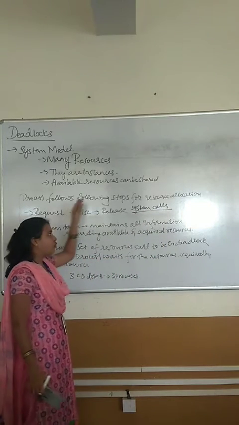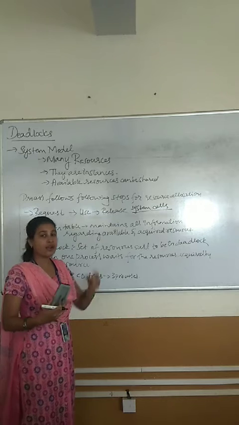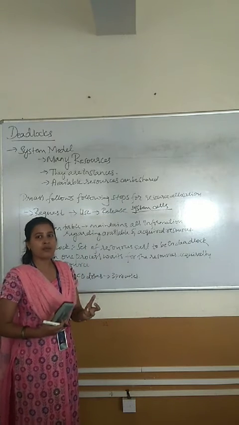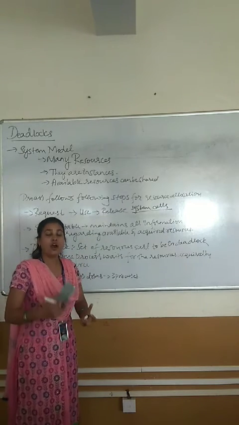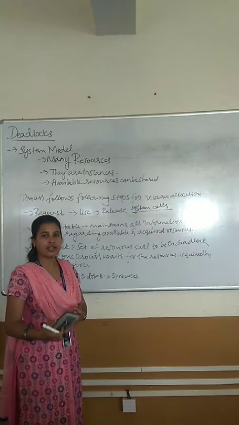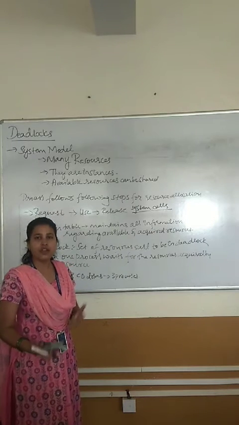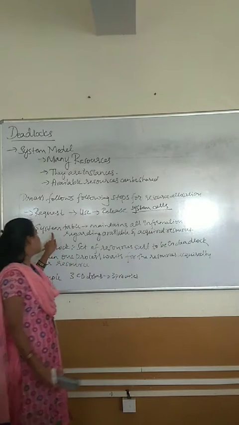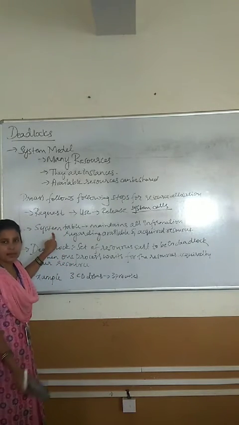Then there will be many resources, and we have to keep some information about which resources are available, how many instances are acquired, and how many are free. For that purpose there is something called a system table.